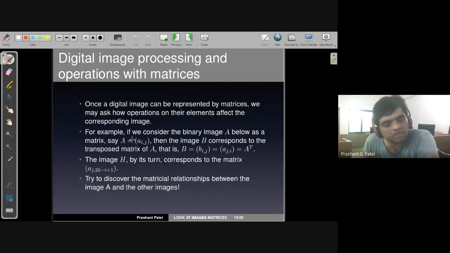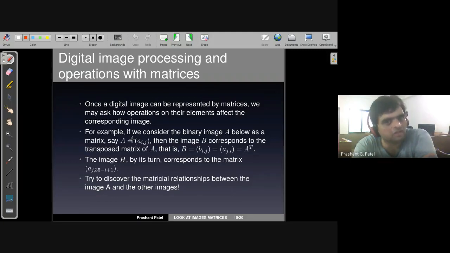That means, what is the original image A we have, and then do the transpose of that image. That is exactly what we are doing when we click on rotation 90 degrees. When we show an image in some application and click on rotation, it actually gives you a transpose of that matrix.